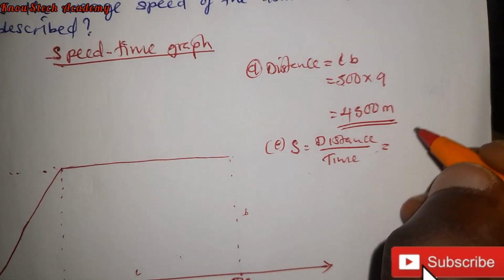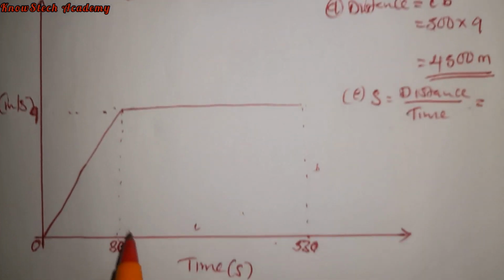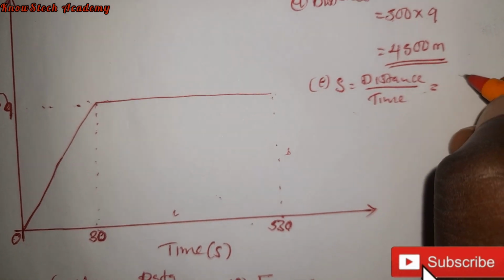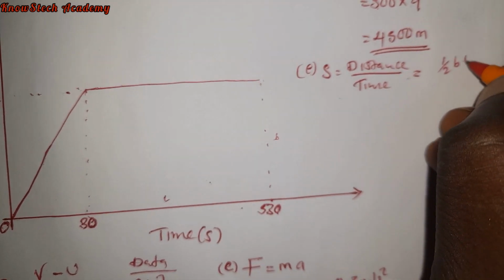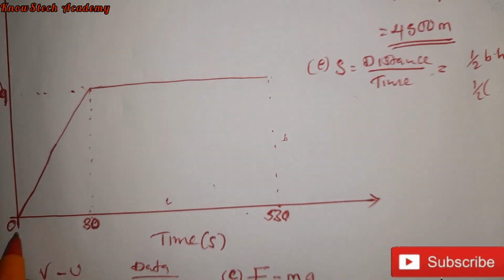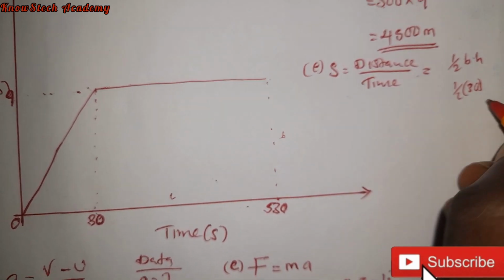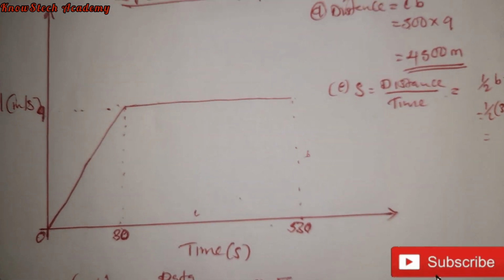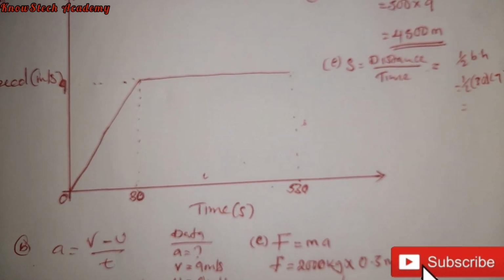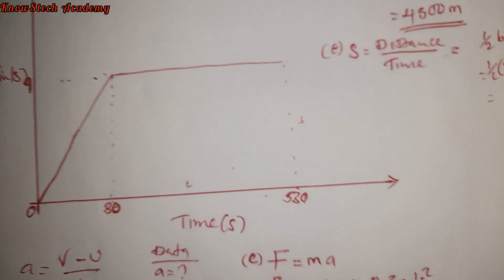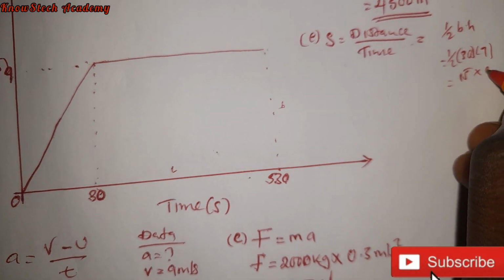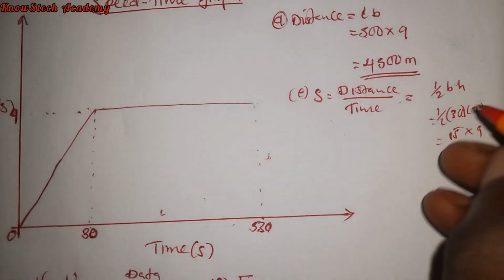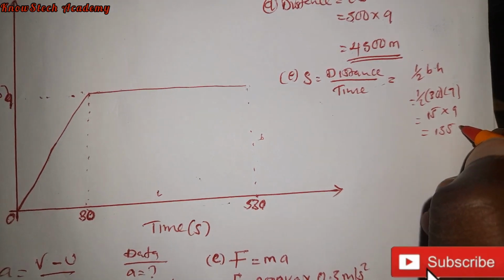Since this one is a right-angle triangle, we are going to use half base times height. So half times B, which is 30, times H, which is 9. Half of 30 is 15. 15 times 9 is simply 135.